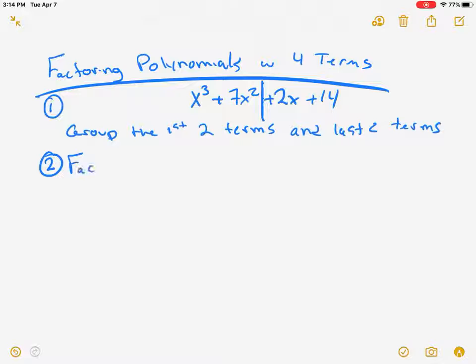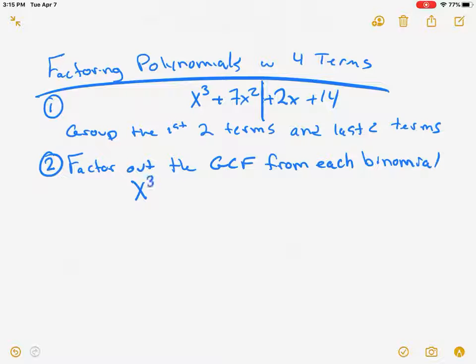Right? So factor out the greatest common factor from each binomial. Okay, so if we look at our x to the third plus 7x squared, there's our 1, and then our 2x plus 14.